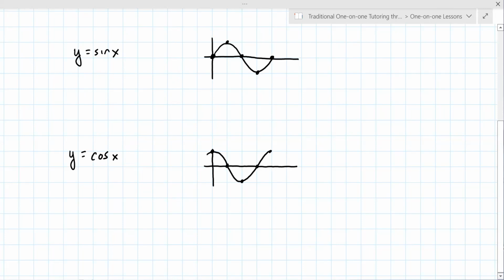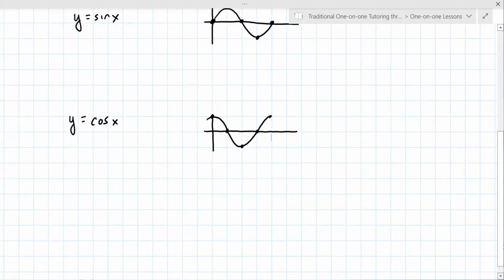Okay. So there are a couple of things that the teacher will do, and kind of that like example number 1. So the first thing they always try to have you learn is how the period affects the graph. Do you understand what I mean by period?